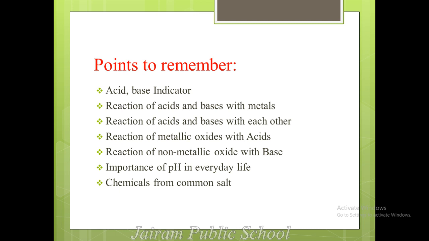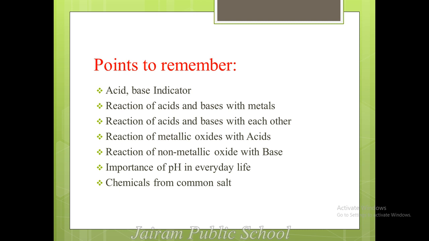Usually salts will be in the ionic form, that is Na plus as well as Cl minus, or K plus as well as Cl minus. So it will be obtained in the ionic form, that is anion as well as cation. These common salts are used in various preparations.